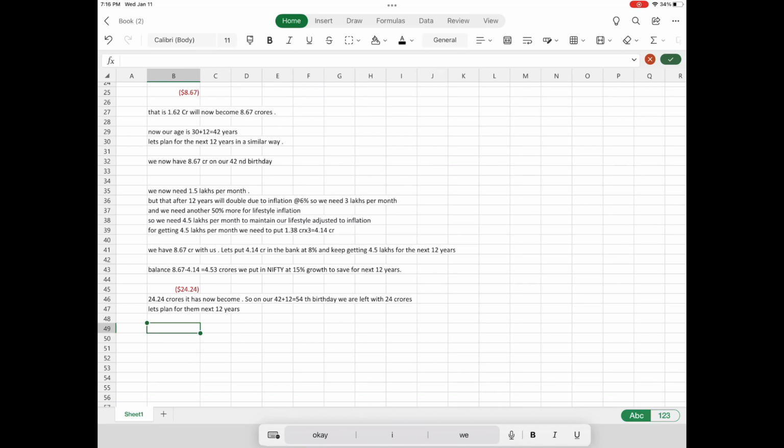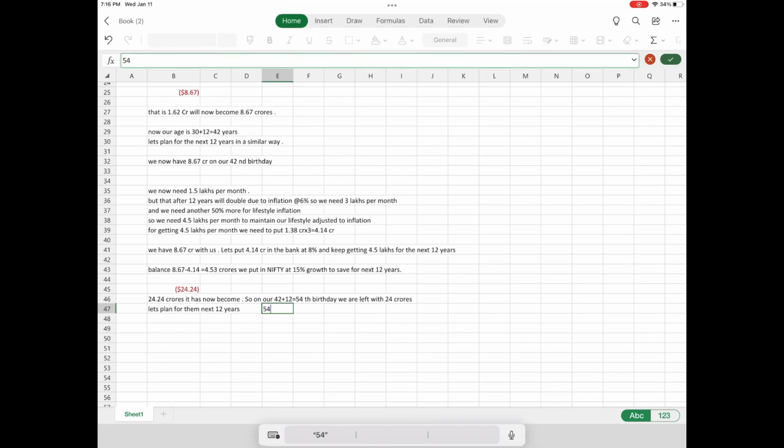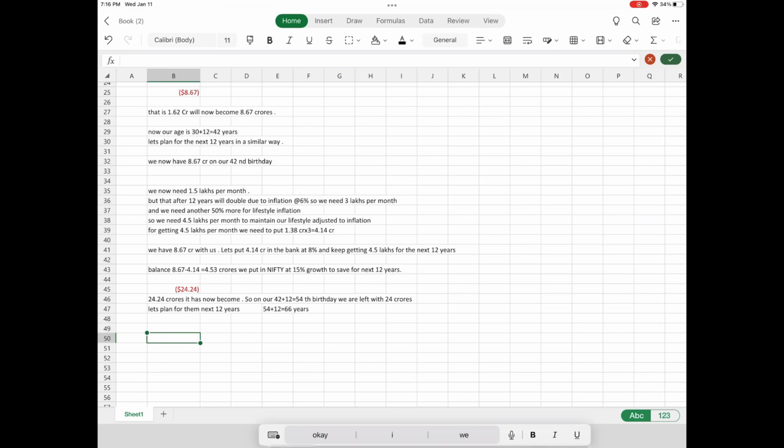Now adjust for inflation and see how much that 4.5 lakhs becomes. We are planning for the 54th till the 66th birthday, correct? And we need to see how much money we require per month. That's going to be a huge amount, as you are about to see.